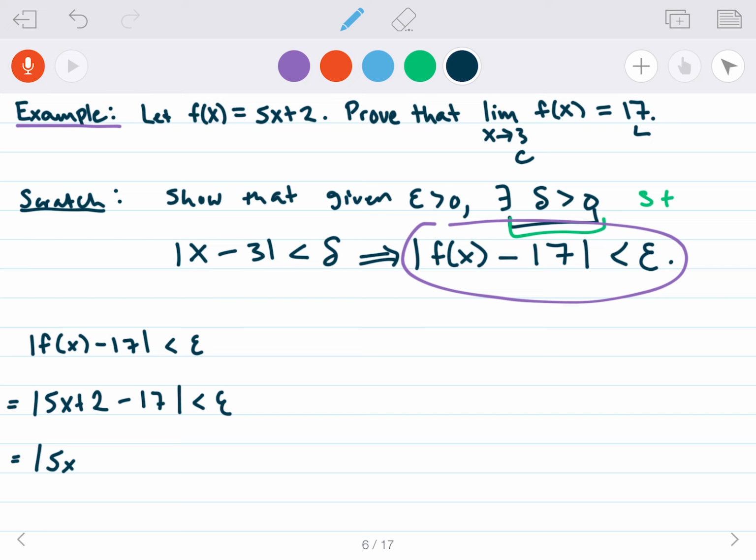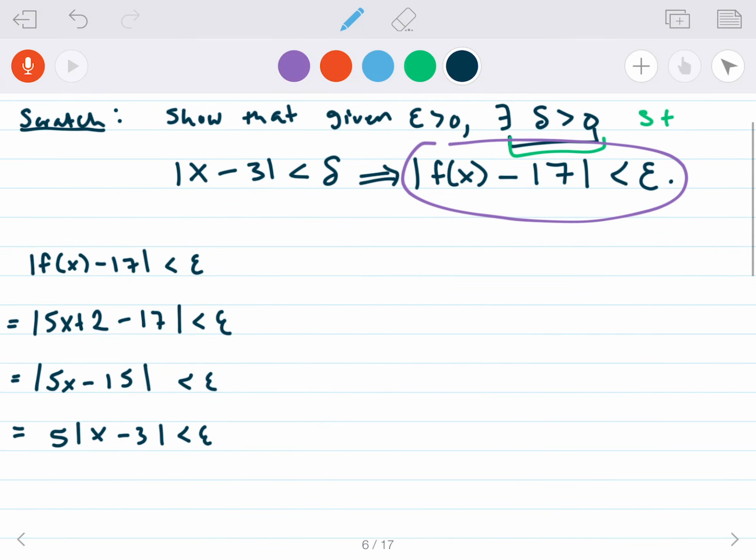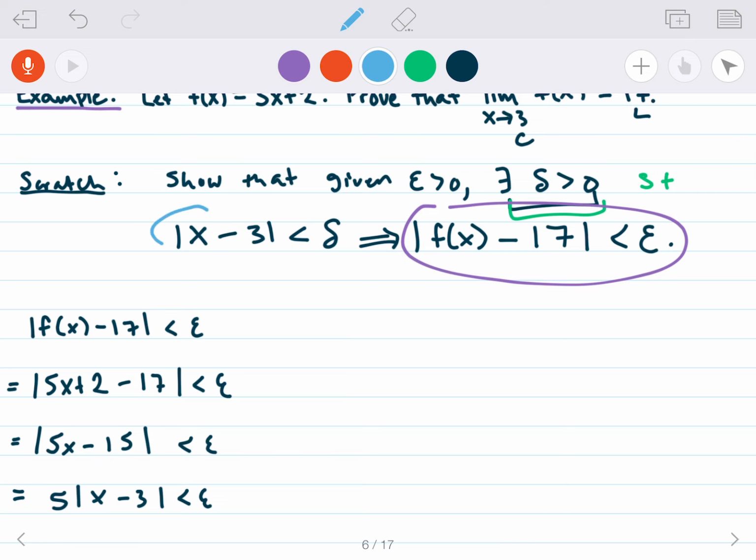So 2 minus 17 is negative 15, so |5x - 15| < epsilon. And from here you can pull out a 5 and you get 5|x - 3| < epsilon. The point is I'm trying to see if I can find whatever is less than delta in here somewhere so that I can know what to choose for delta.